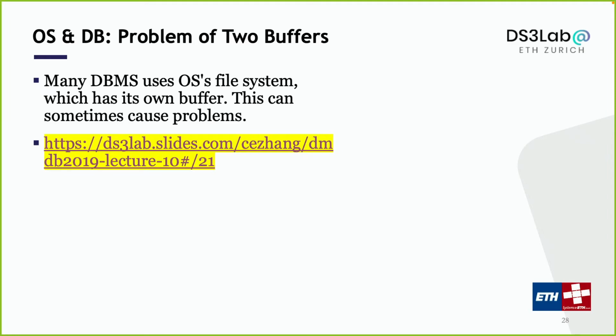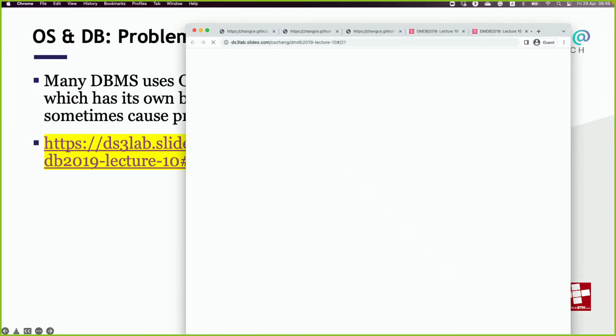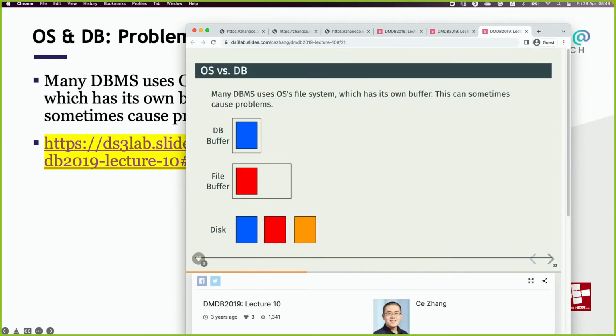So just to show you, there could be interesting issues when you're dealing with buffer management. This is just one animation about this. Assume you have this database buffer holding the blue page at this moment, and you have this file cache in your operating system, currently holding the red page. And then inside your hard drive, you have these three different pages.